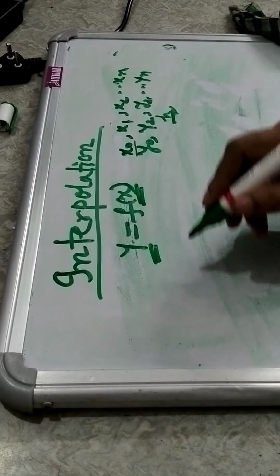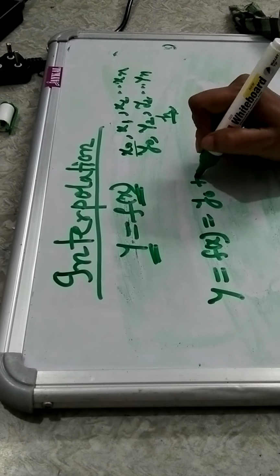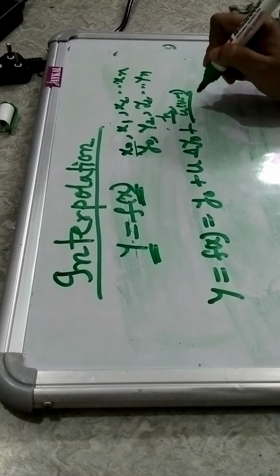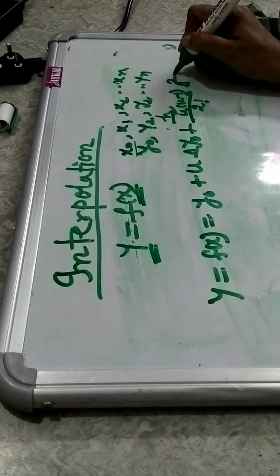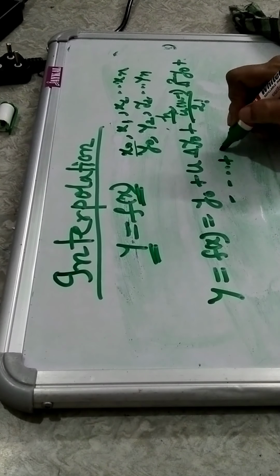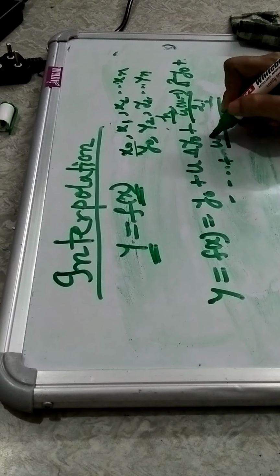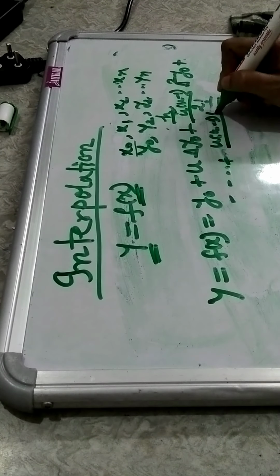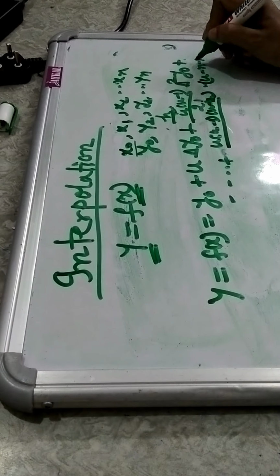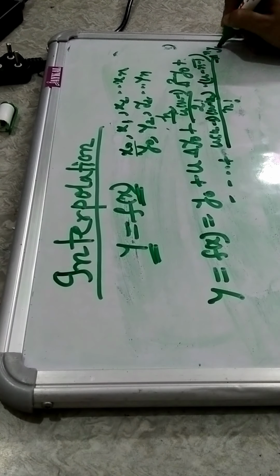Then the formula is given by y is equal to f(x) is equal to y0 plus u into delta y0 plus u into (u minus 1) divided by factorial 2 delta square y0 plus up to u into (u minus 1) into (u minus 2) up to (u minus n plus 1) divided by factorial n into delta to the power n y0.